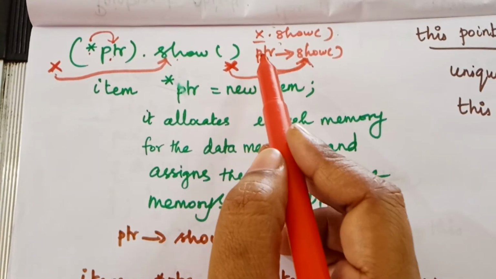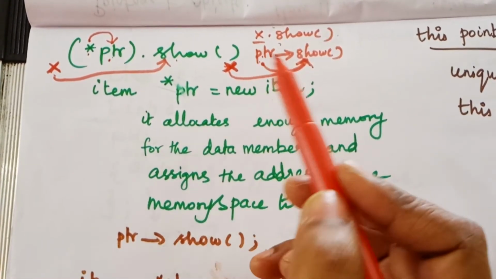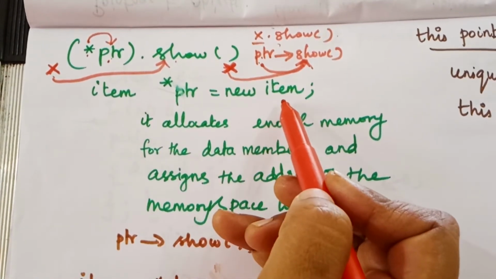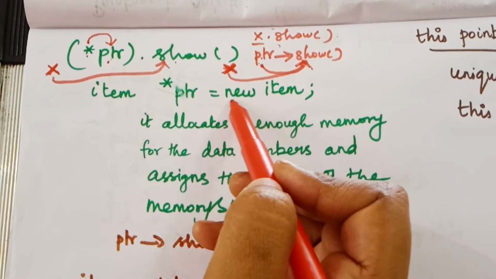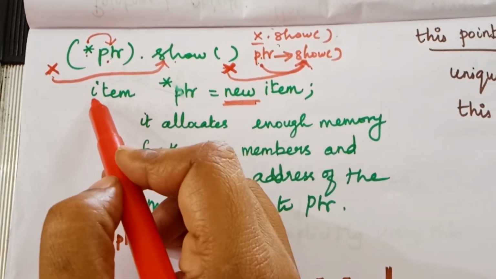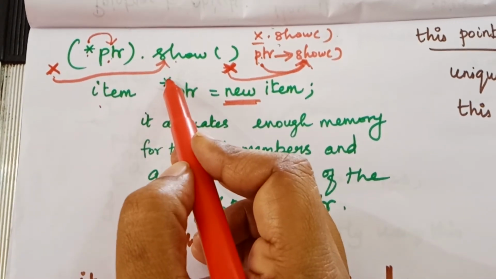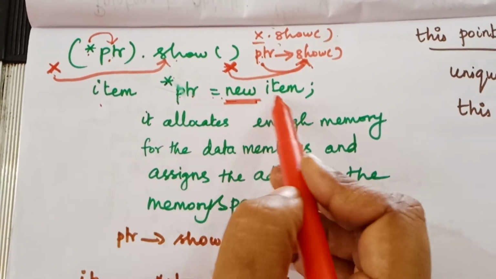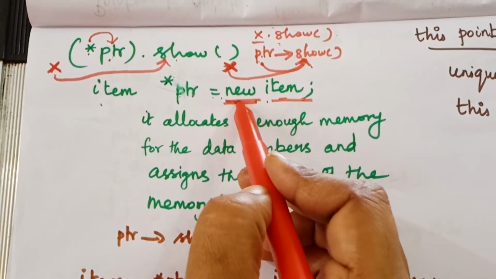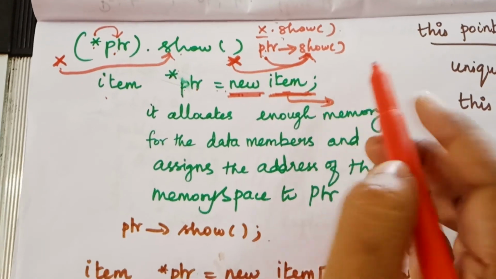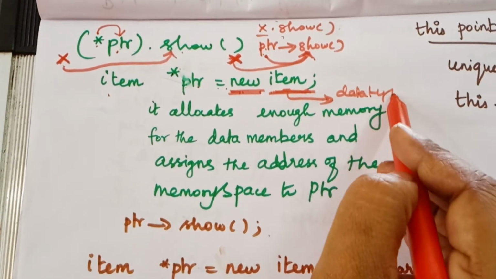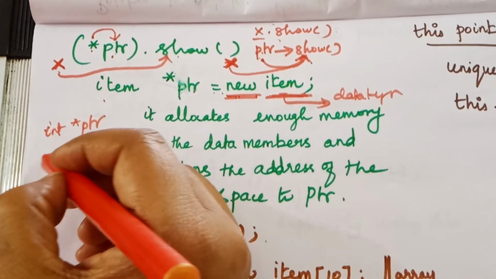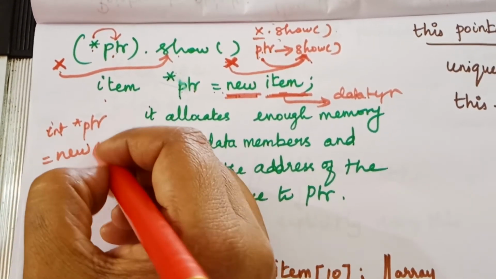Okay, so whenever you are using the pointer, it does everything during runtime. And for this you can create the memory space during runtime using the new operator. So what is the syntax? Data type, dereference operator PTR, equal to new item, new data type. This is why you are using this data type. For a normal case, how will you do it? int dereference operator PTR is equal to new int.